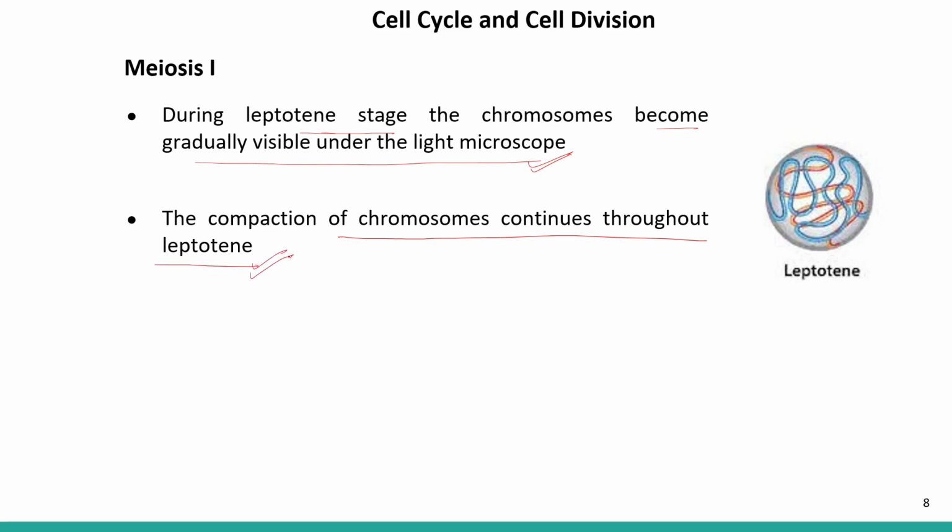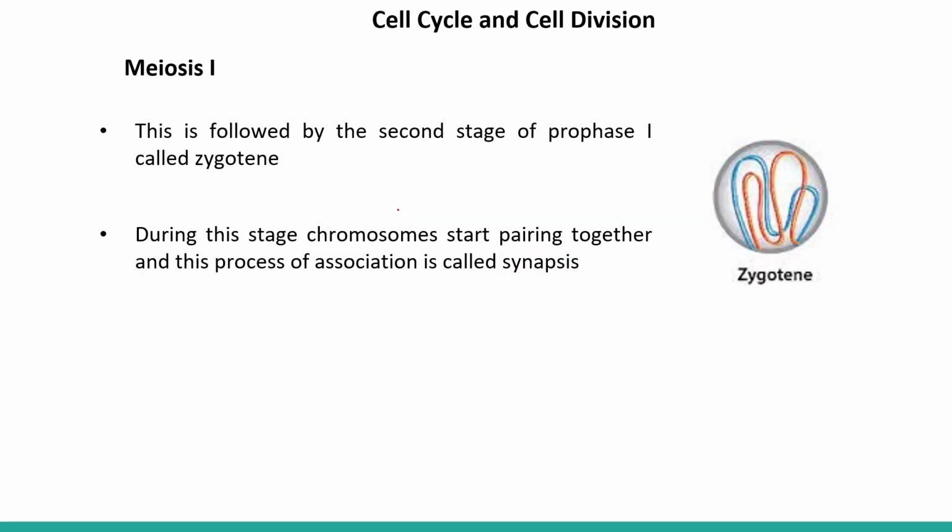So the chromosomes become more compact, condensed, and can be seen with the help of a light microscope. So this is the leptotene stage. We can see in the figure, right? The chromosomes are quite visible under the light microscope and become compact.